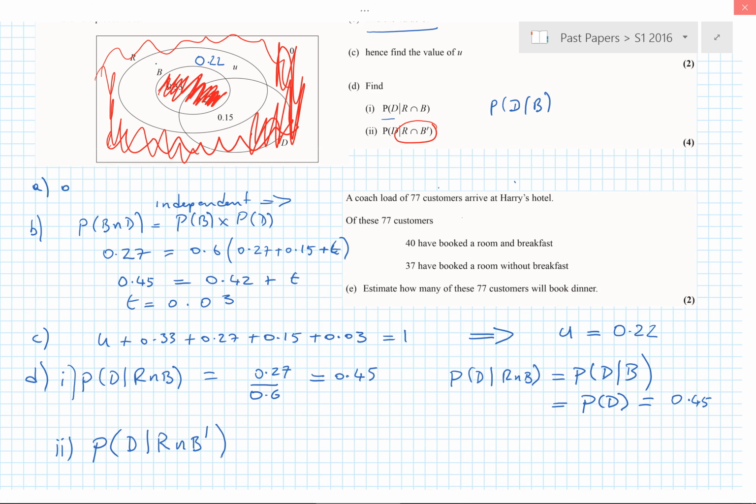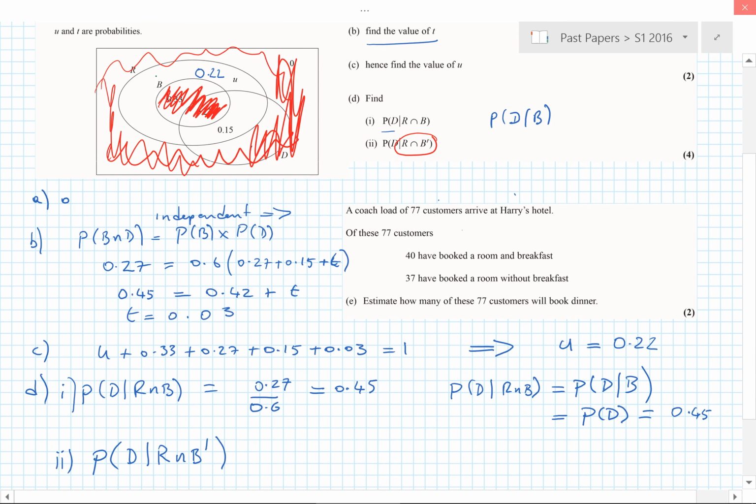So in actual context, we're being asked for the probability that they have dinner given that they've ordered a room and not had breakfast. So that's basically what we're being asked for in context.